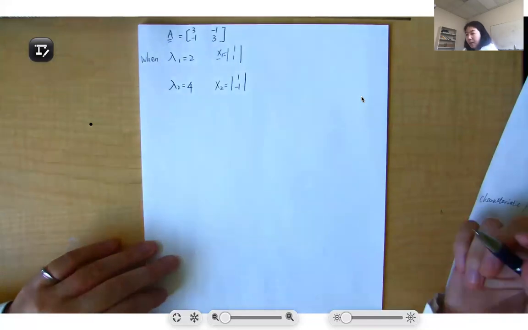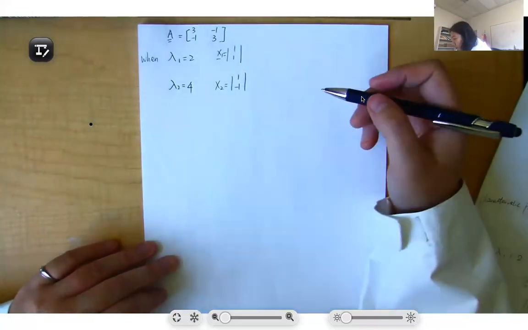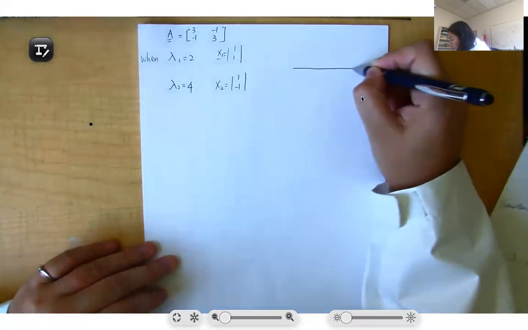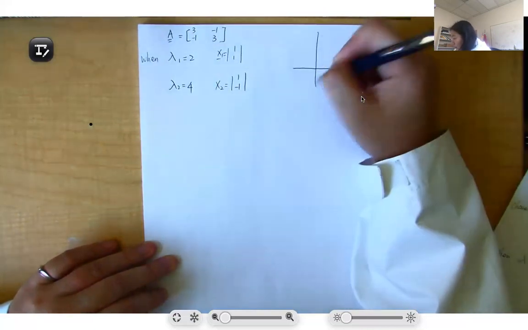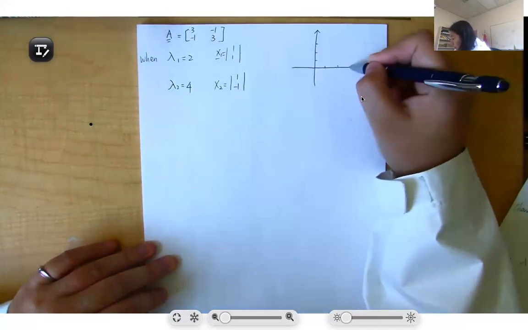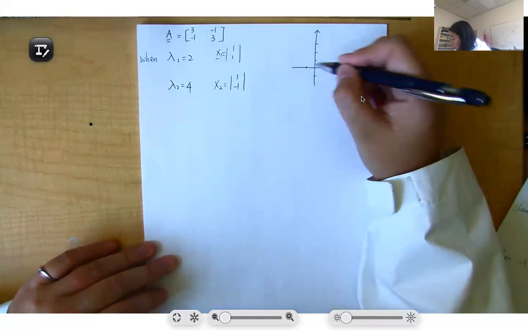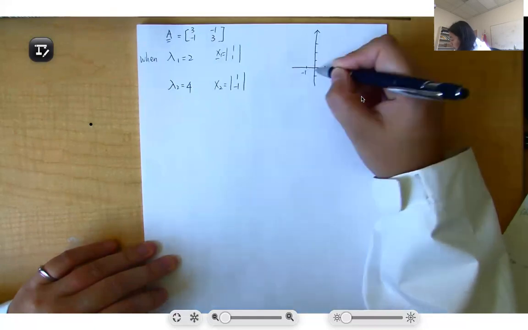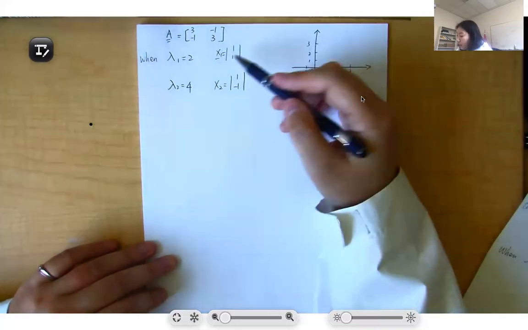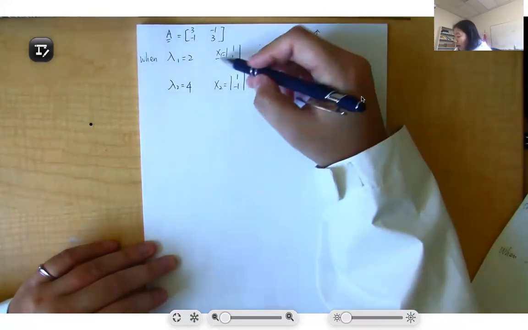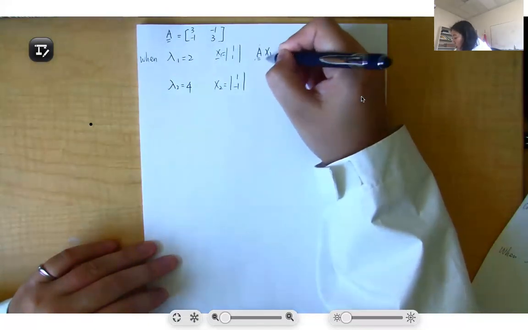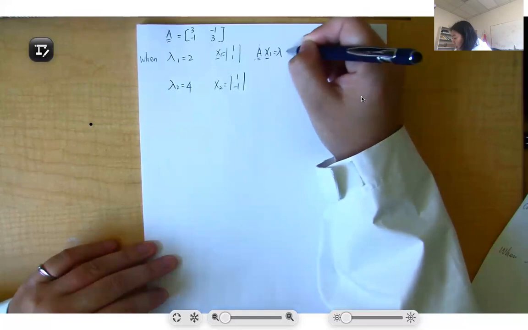Okay, and let's draw that into the coordinates. So first you have 1, 2, 3, 1, 2, 3, minus 1, minus 1, 1, 2, 3. So when you have this x1 equals (1, 1), then A x1 will be equal to lambda x1.